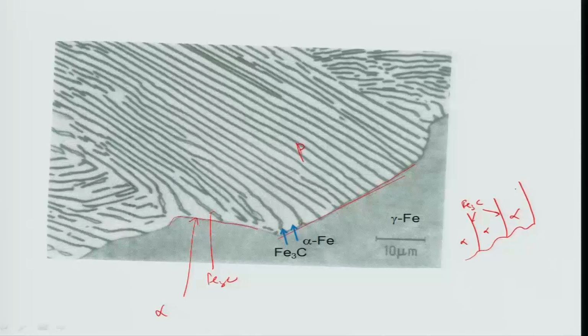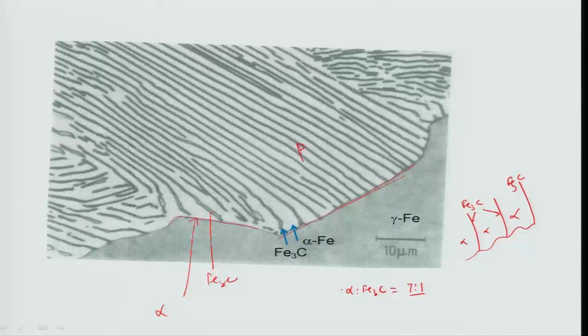The Fe3C to alpha volume fraction is basically 7:1, which I will show you. This is the alpha to Fe3C volume fraction in this microstructure, and it is always the case for eutectoid steel.